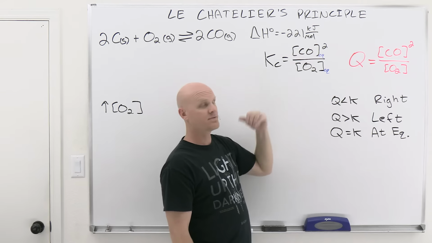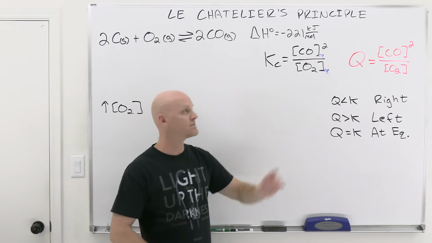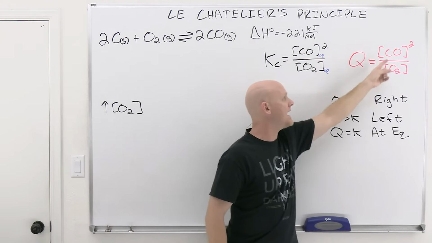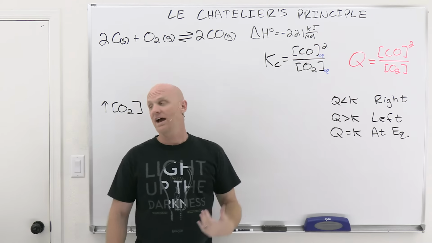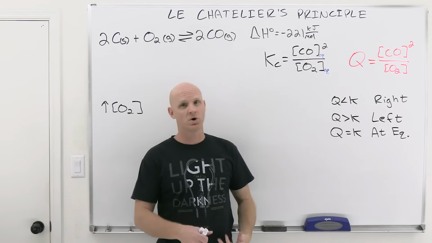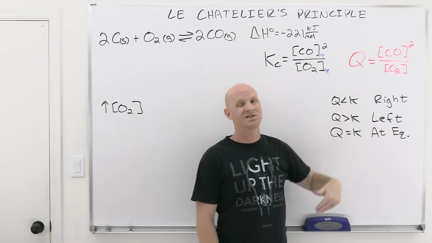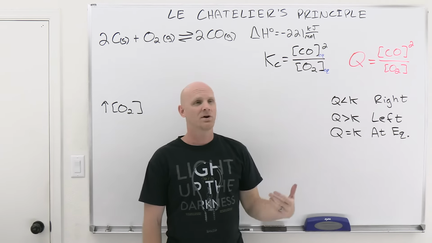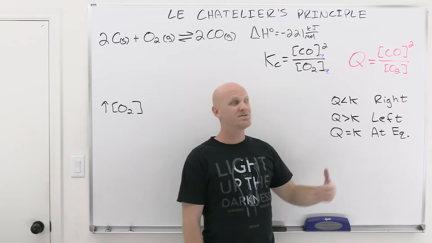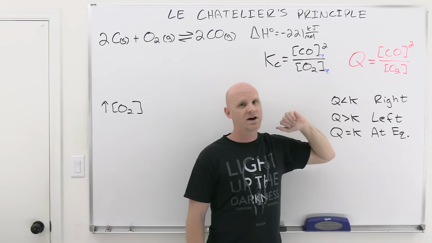And so, again, if the system's already at equilibrium to begin with, then this ratio right now equals K, and it equals Q. By adding O2, it changes the ratio, which means it's no longer equal to K. This no longer applies, but it's still equal to Q. It's just a new Q value. The Q changed. So, again, when you're not at equilibrium, this ratio only equals Q. It does not equal K.